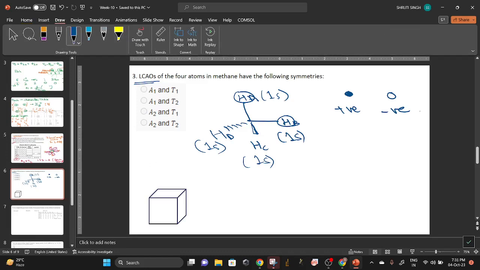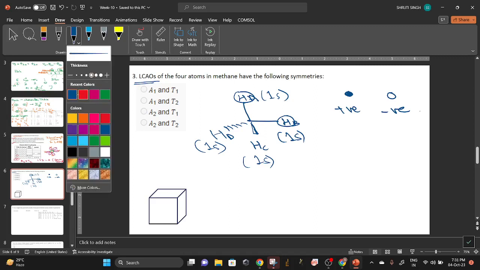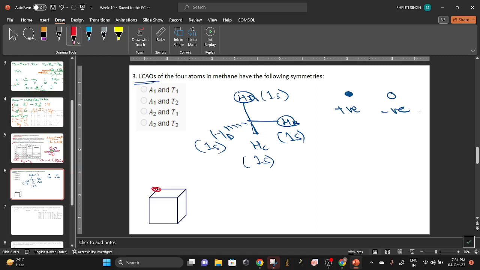So if this is 1, here nothing will be there, here 1 will be there. Now down there nothing will be there, here it will be 1 and here it will be 1. So this forms a tetrahedral arrangement.